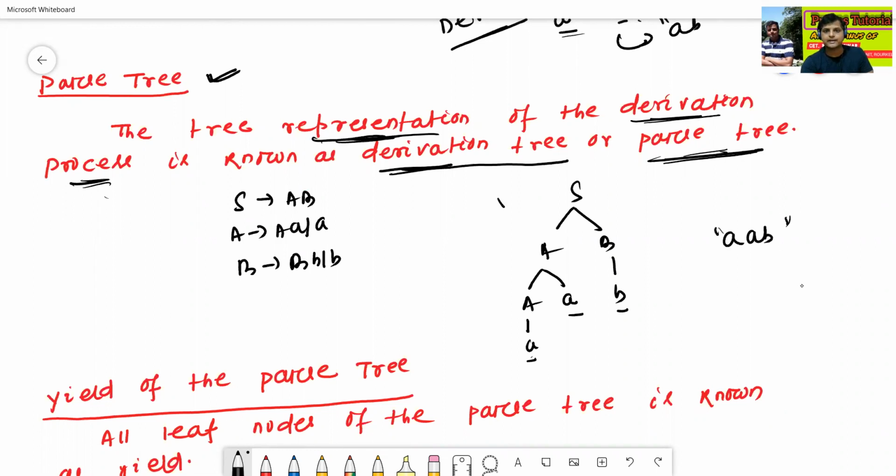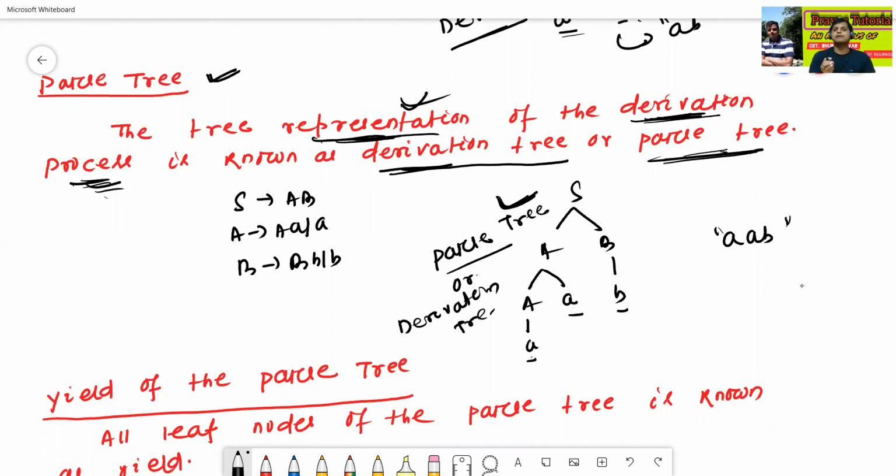So this is one tree. This tree is also called a parse tree or derivation tree. The tree representation of the derivation process is known as a derivation tree or parse tree. Okay.